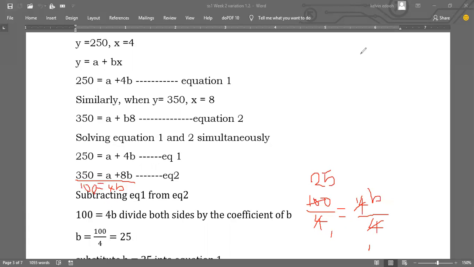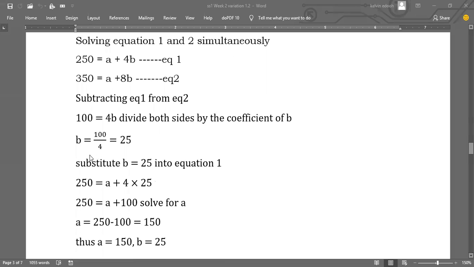The next thing now is to substitute this value into any of these equations. You can use any of them, just look at the simple one. It will give you the same answer. So I'm using equation 1. If I substitute b, which is 25, into equation 1, what are you going to get?